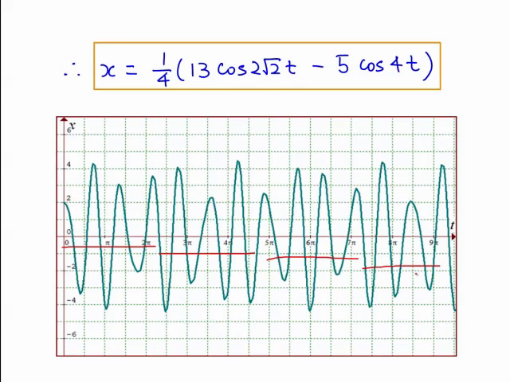In fact, there's a name for these. These are called beats. It is like the function being repeated. There is some kind of periodicity. In fact, if you look at the actual solution itself, it is clear that there is some kind of repetition of a pattern.